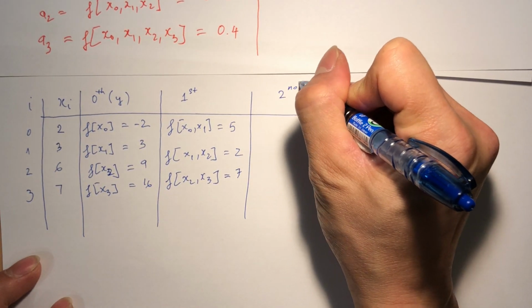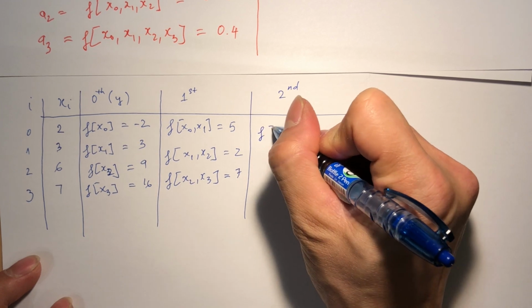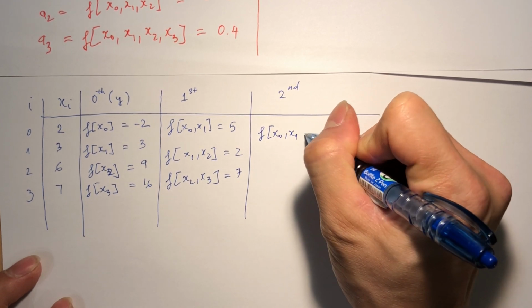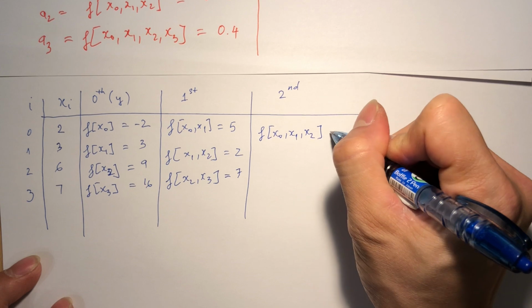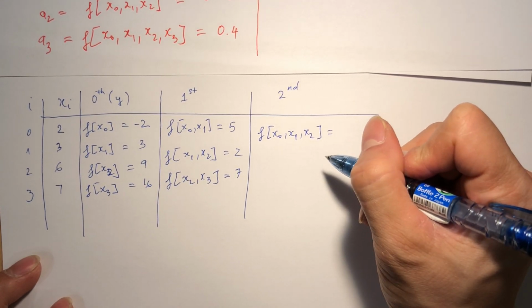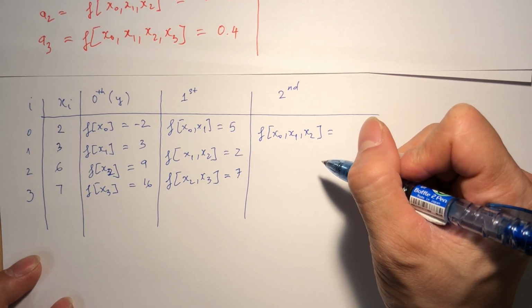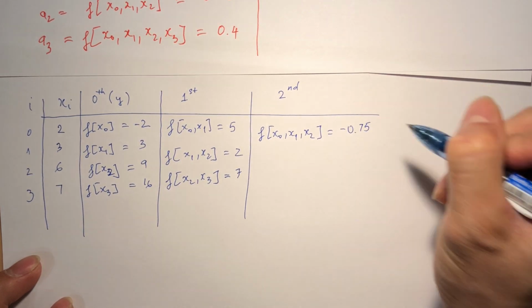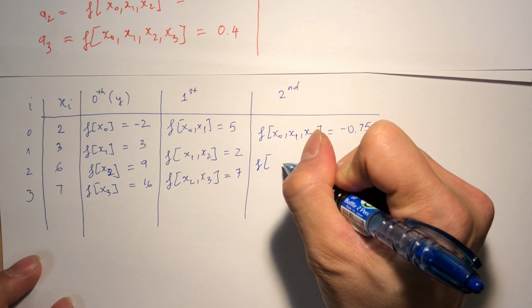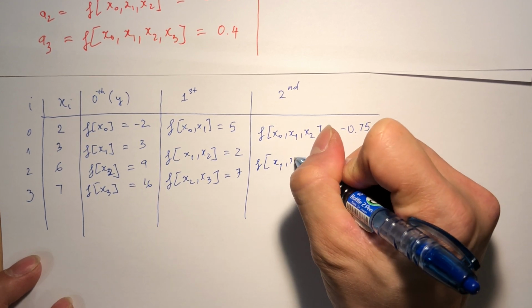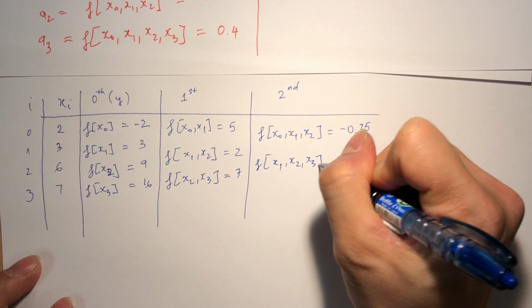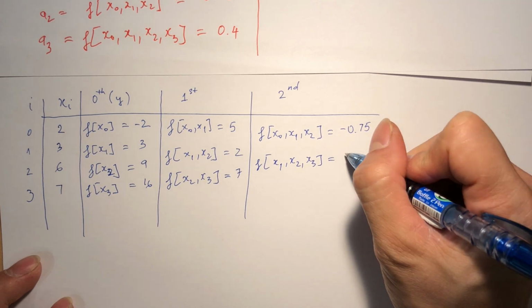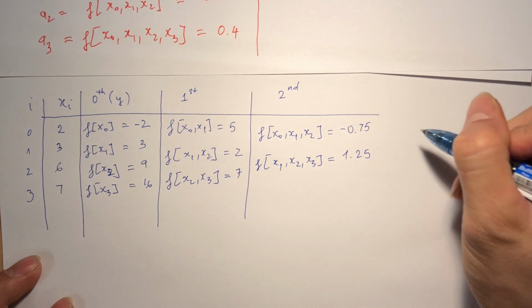The second derivative, we got f[x0, x1, x2] equal to minus 0.75. f[x1, x2, x3] equals 1.25.